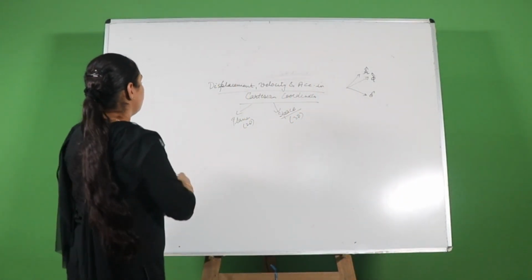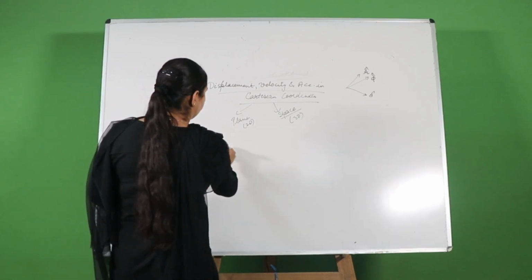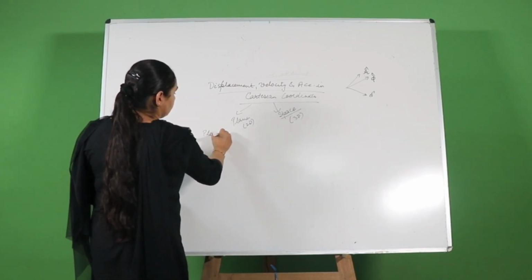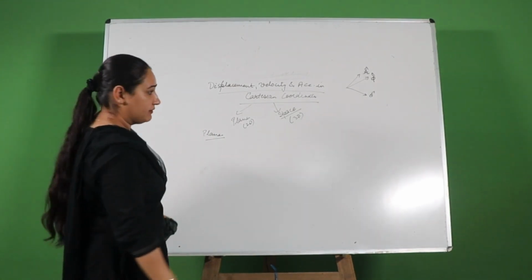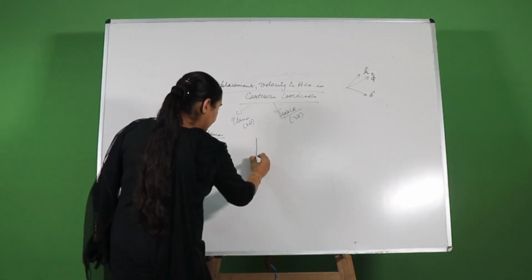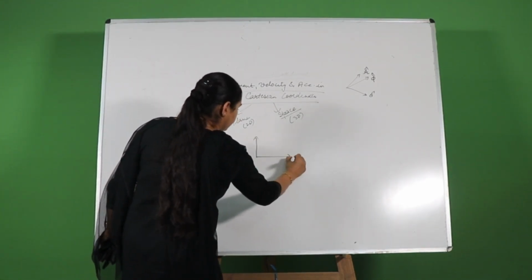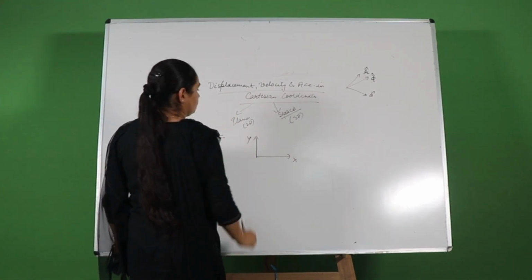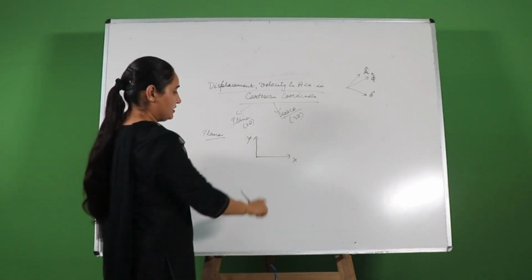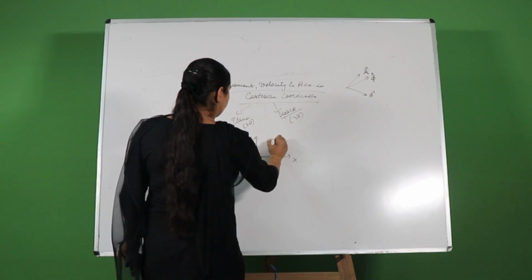So if initially we talk about a plane, let us suppose we have a particle that is located in a plane having x and y coordinates.